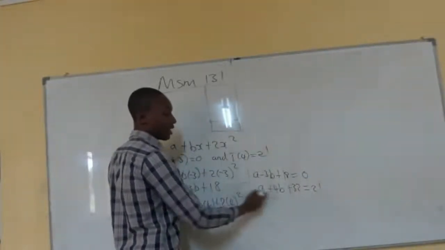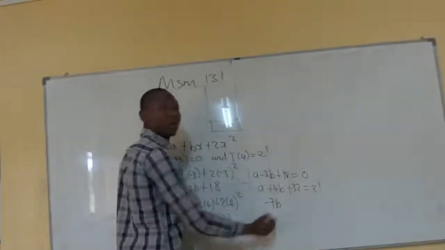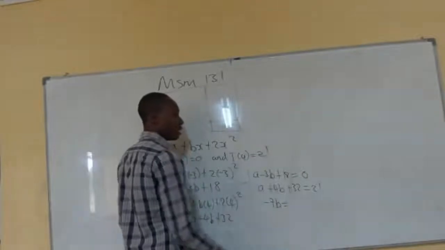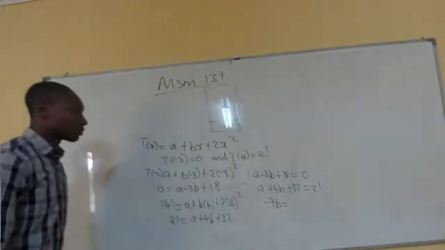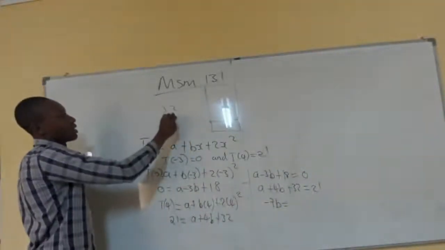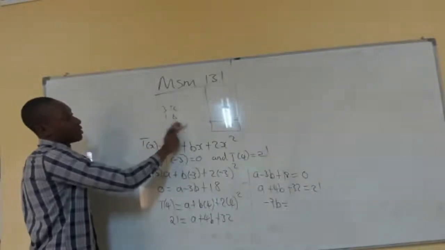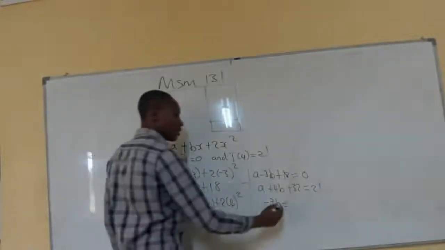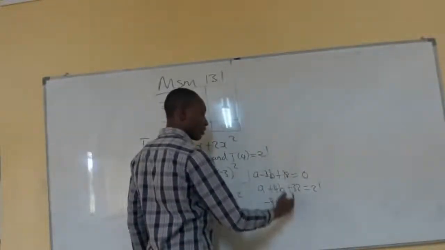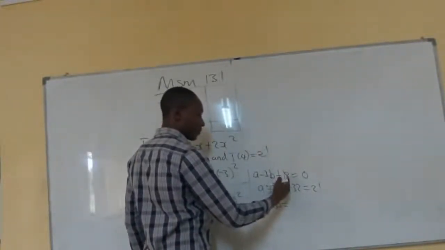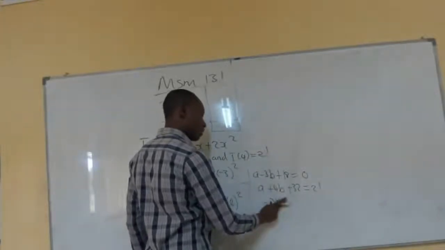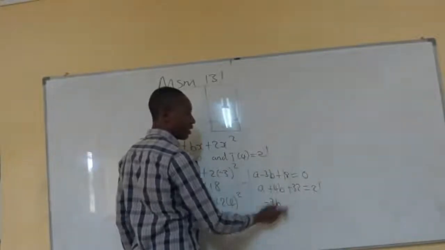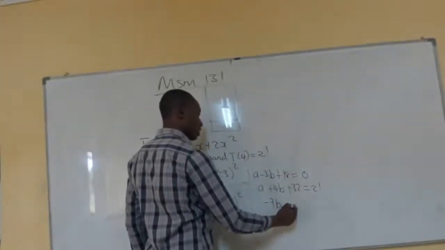Right, so by the elimination method, I can say subtraction. Negative 3B minus 4B is negative 7B. So negative 7B is equal to 18 minus 32, which is negative 14.